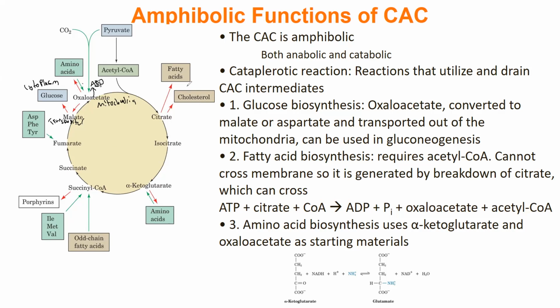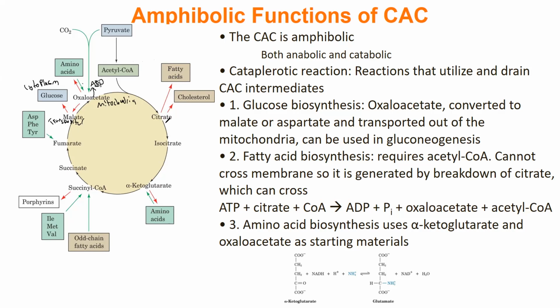The big thing we're going to look at after we talk about the electron transport chain is the creation and destruction of fatty acids. What we'll see is that acetyl coenzyme A is used to build fatty acids. However, like oxaloacetate, we can't just transport acetyl coenzyme A from the mitochondria to the cytoplasm, so we do the step of creating citrate.